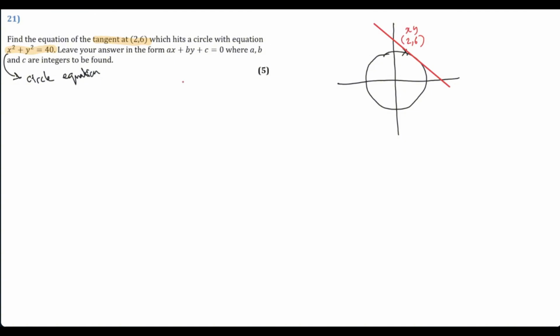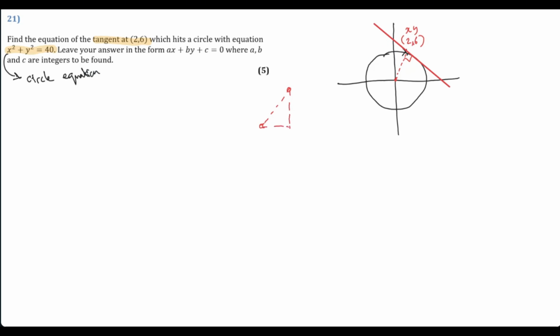Okay, so we want to work out the equation of this tangent. So how do we do that? If this is the center, where the radius meets the circumference, the radius meets a tangent at 90 degrees. So that means I can work out the gradient of this dashed line, because let's say that's the radius there.